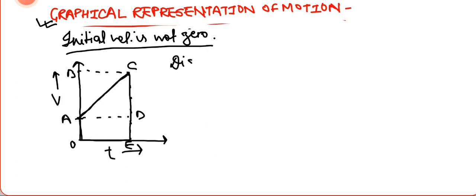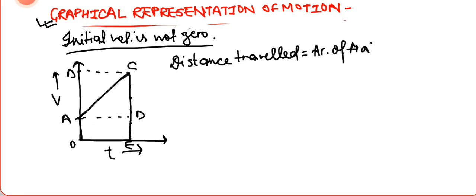So distance traveled is equal to area of trapezium, that is OACE, or we can see this is a triangle and this is a rectangle.